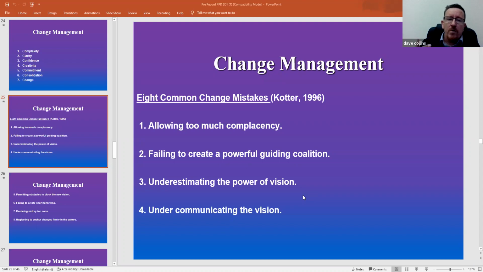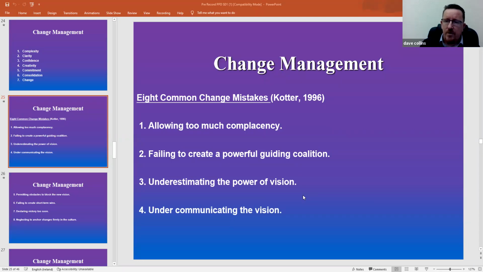So we fail to create a powerful guiding coalition. The team that you build up around yourself to make this change happen, we fail to create that. We might get a couple of people on board, but we're not getting the people that we need on board. So failing to create that can be a mistake.